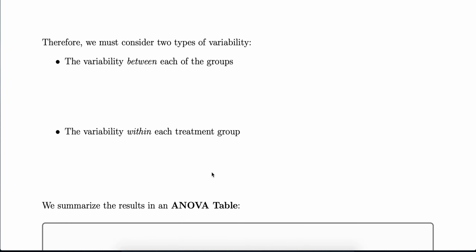So here, we're going to describe these two layers of variability. The layer of variability between the groups is going to be measured by a quantity called SS factor. Or sometimes you might see it called SS group. So how much is that factor or that grouping variable contributing to the difference?